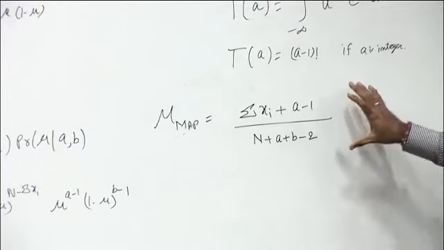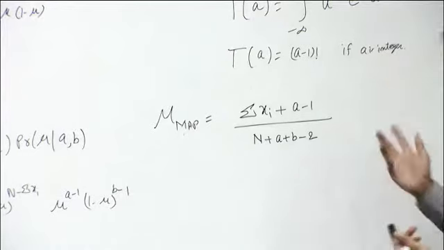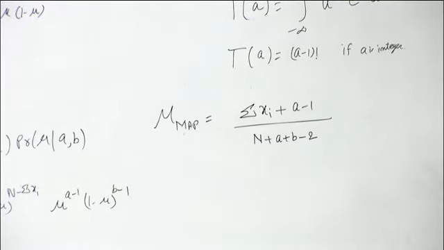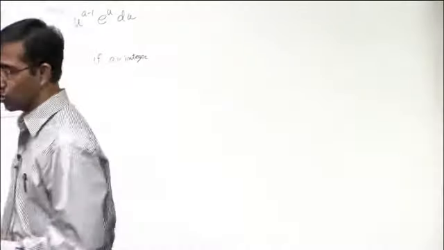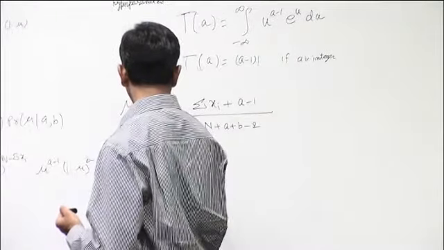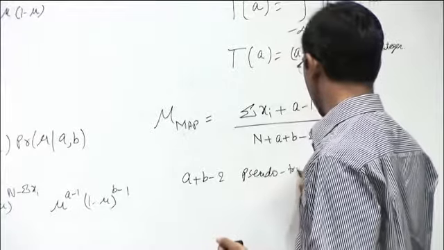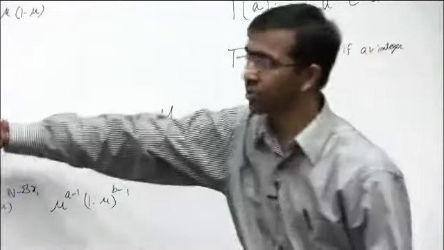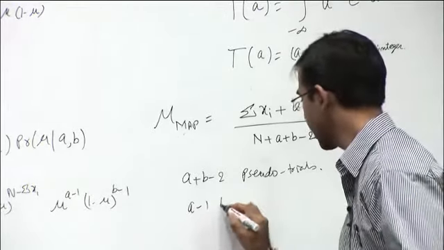This prior can be explained very well intuitively. What this essentially says is that I will do a plus b minus 2 pseudo trials. These are not trials that are given here; I just assume that I have done them, and I also assume that I got a minus 1 heads.